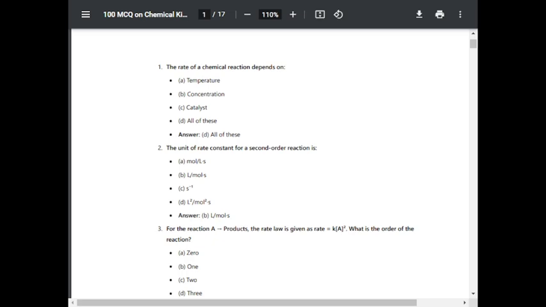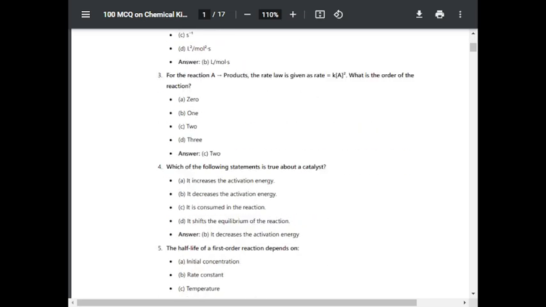The correct answer is B, liter per mole into second. The unit of rate constant for a second order reaction is liter per mole into second. Option B is correct.